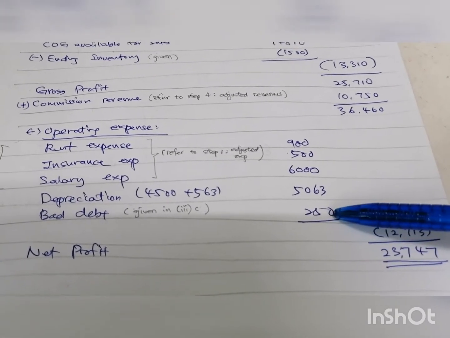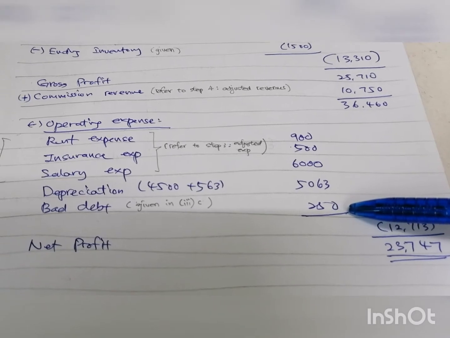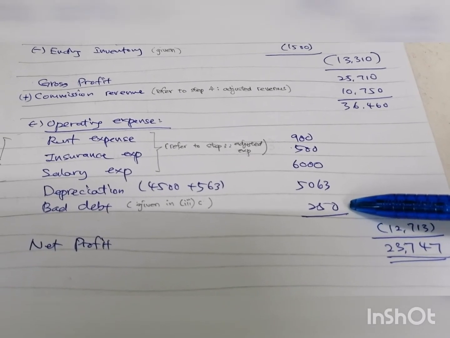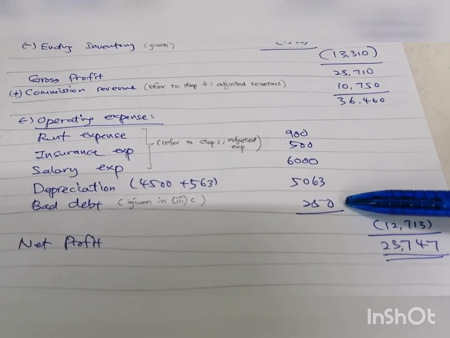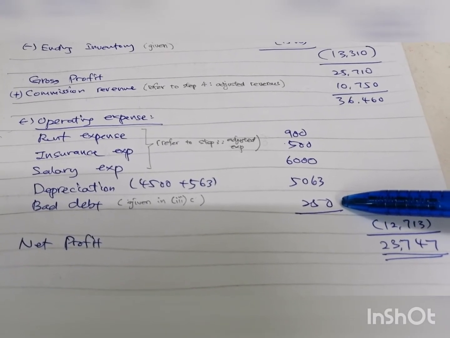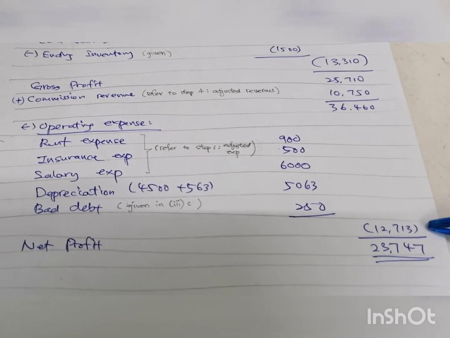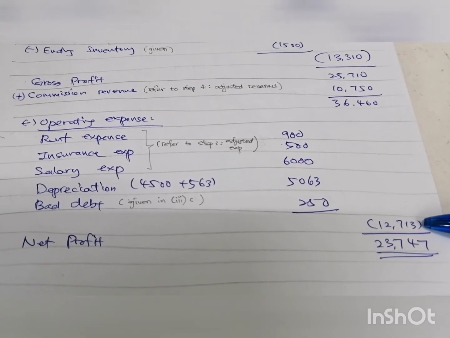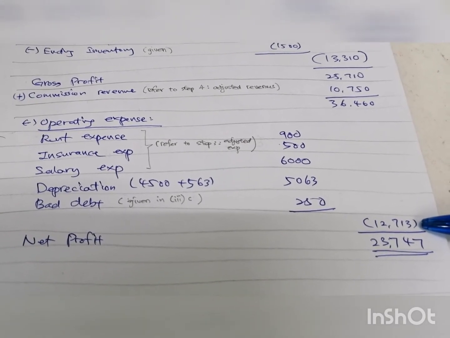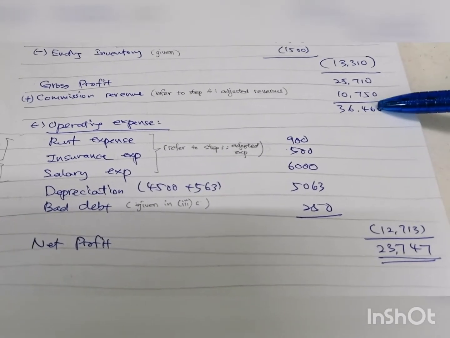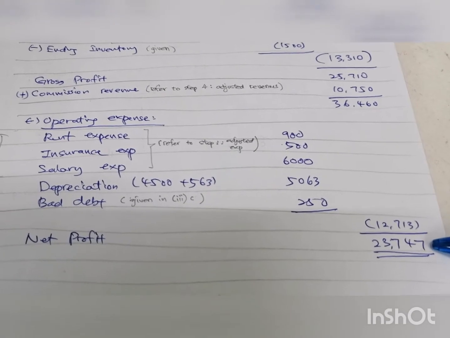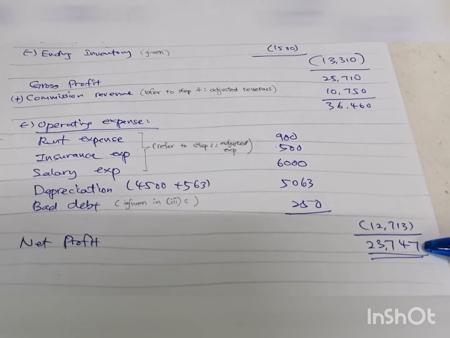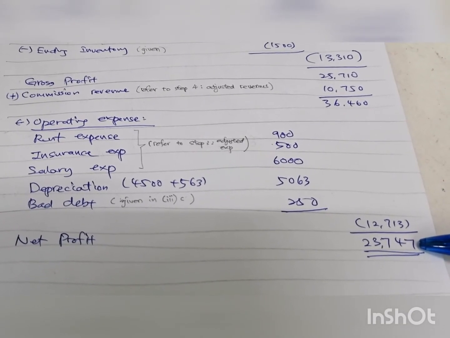And remember to minus your bad debt. Your bad debt is given in the information, 250. So you get the total operating expenses of 12,713. So this amount minus this amount, and you get your net profit, 23,747.